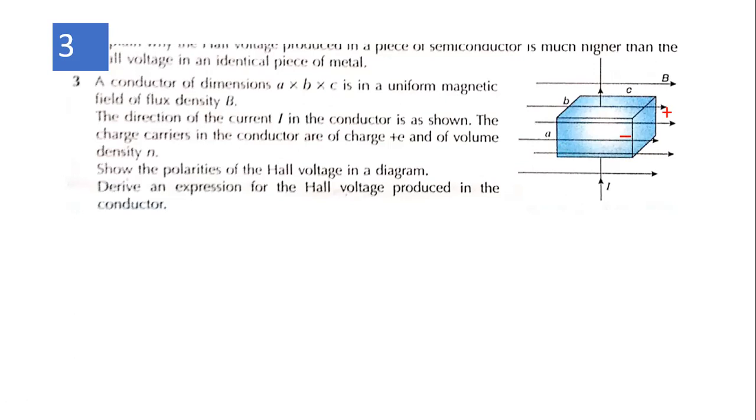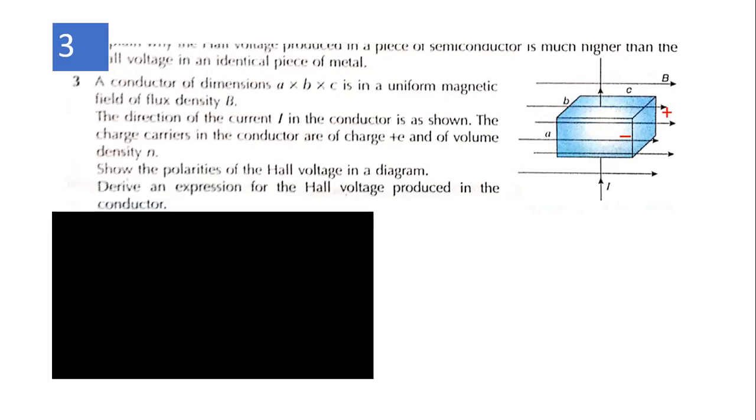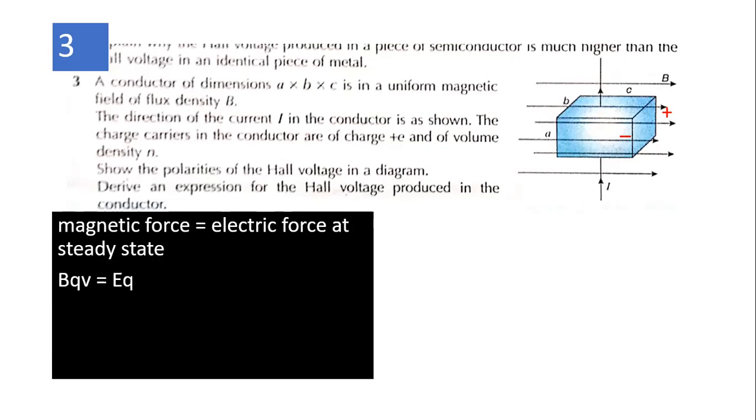Derive the expression for the Hall voltage produced in the conductor. Same as before: start with magnetic force equals electric force, in the steady state, that means the current is constant. Put in your formula, get your velocity, and then convert your electric field to your Hall voltage, E equals V over b. So that is your thickness b.